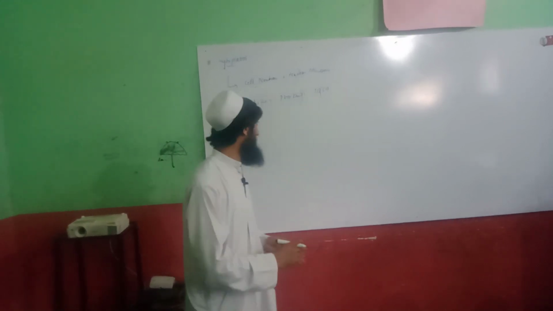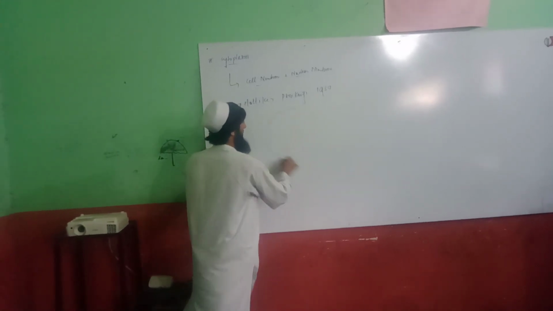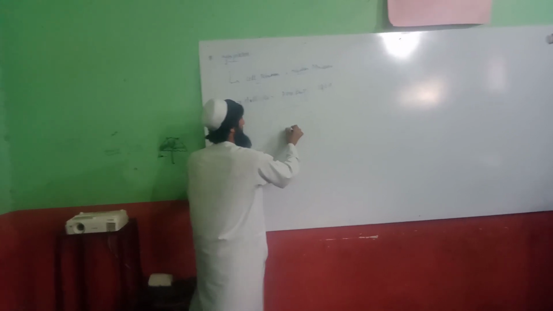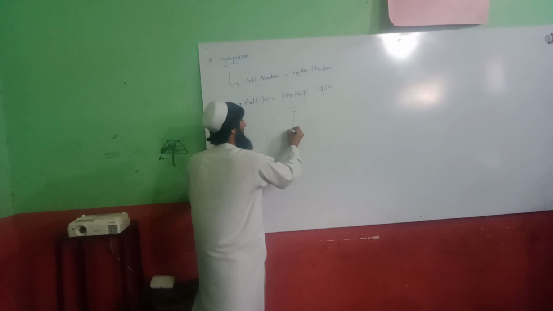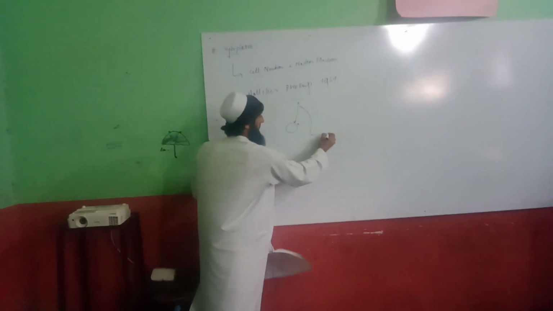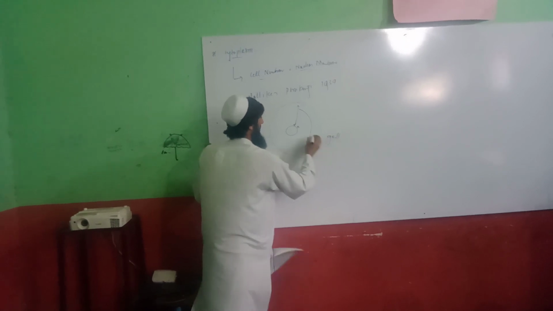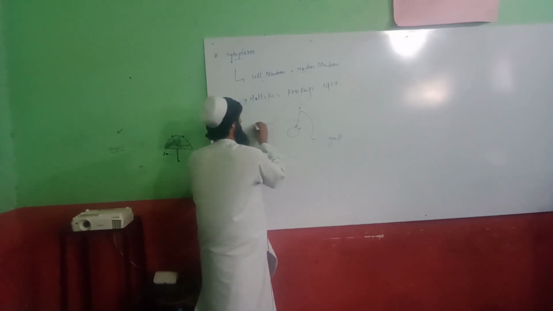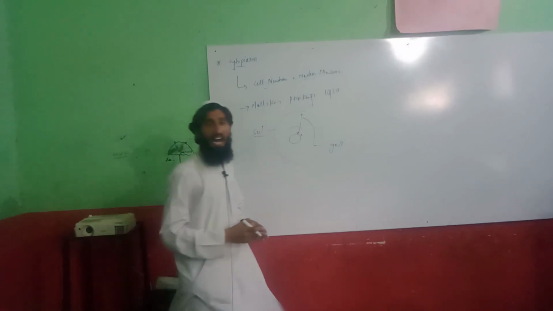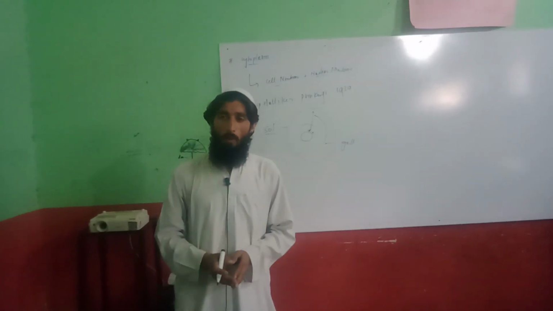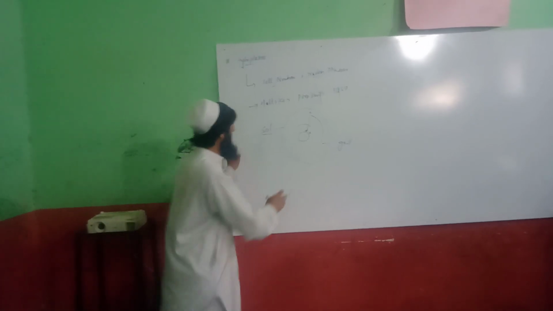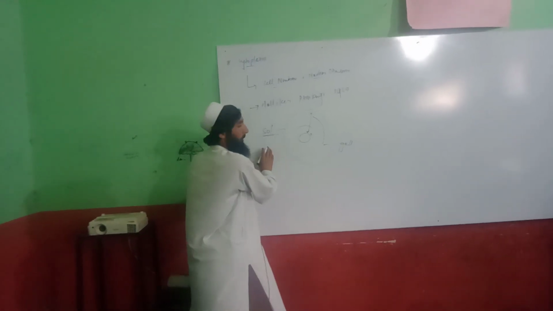For example, this one is the cell membrane and this one is the nuclear membrane. This portion is known as cytoplasm. The outer portion is gel, and the inner portion is known as sol. The organelles are not present in the jelly portion, but the organelles are present in the sol portion of the cytoplasm.